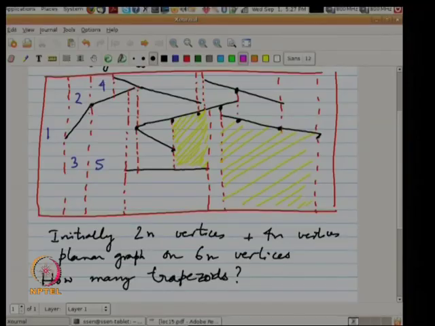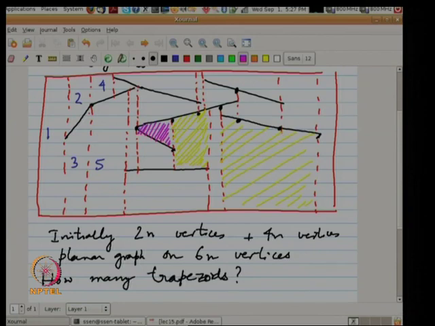This trapezoid has 4 sides. Some of these trapezoids, for instance like this one, are a special kind of trapezoid where one of the sides is 0 length.